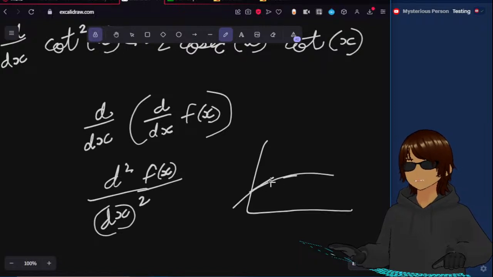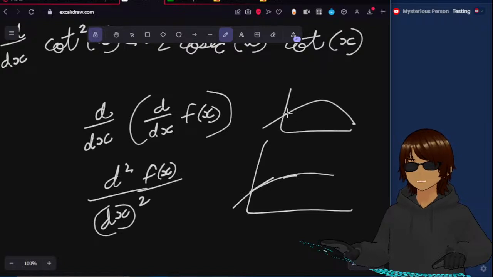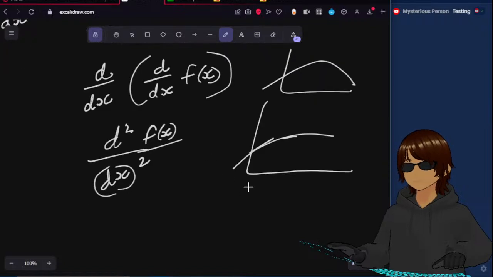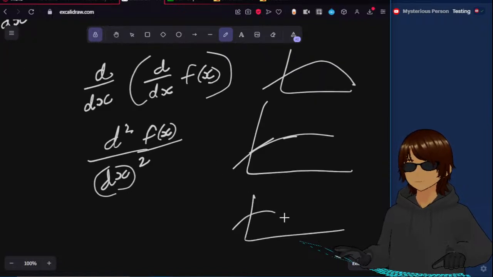The double derivative tells us if the gradient is increasing or decreasing. It's a change in gradient. So the gradient is decreasing, decreasing, decreasing. Let's pick another one. Then at this point, the gradient is increasing, increasing, increasing.